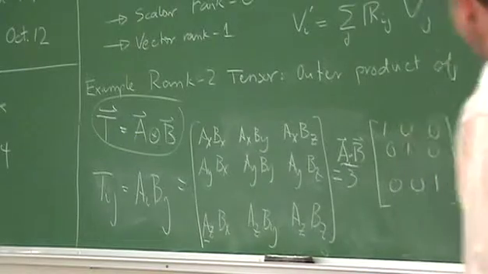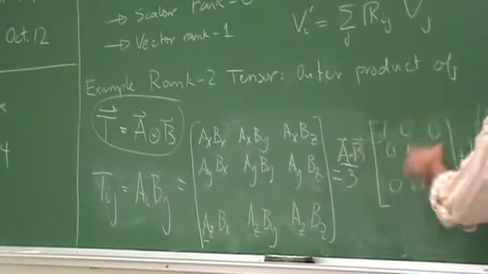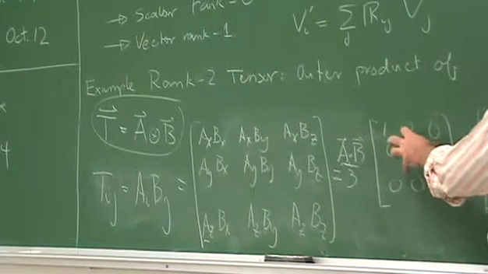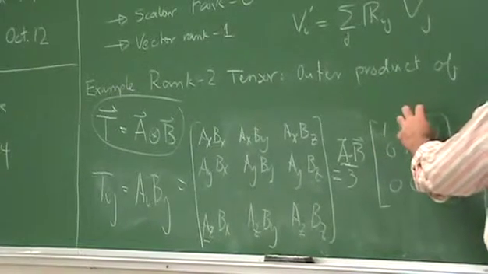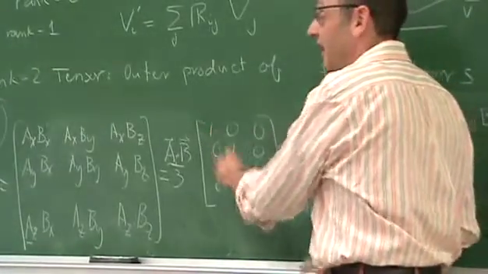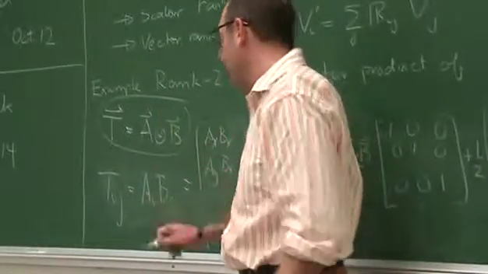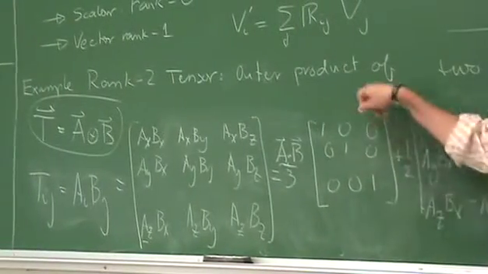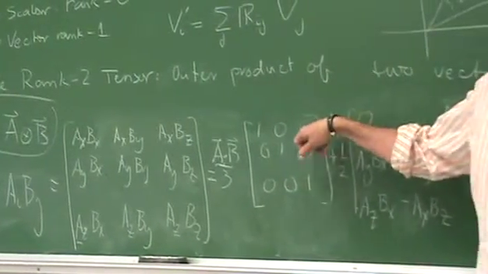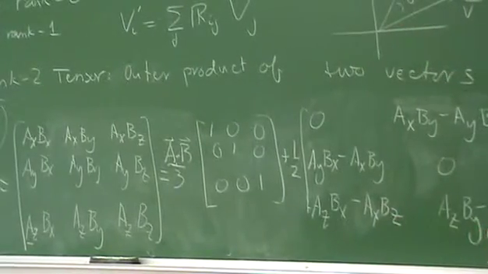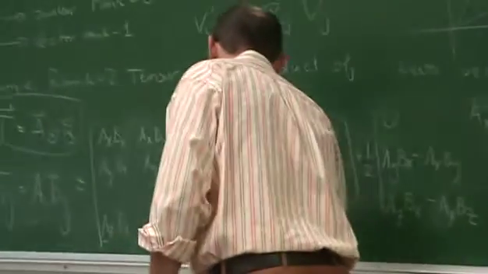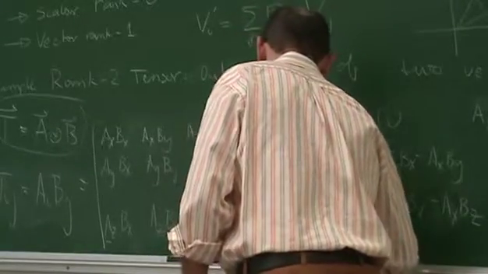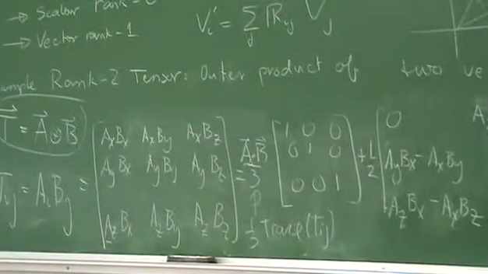So I could break this up into a piece that is proportional to the identity matrix, which is the scalar part of this, the irreducible scalar part of this tensor, because the identity matrix goes back to itself under rotation. So this is 1/3 the trace of that matrix.